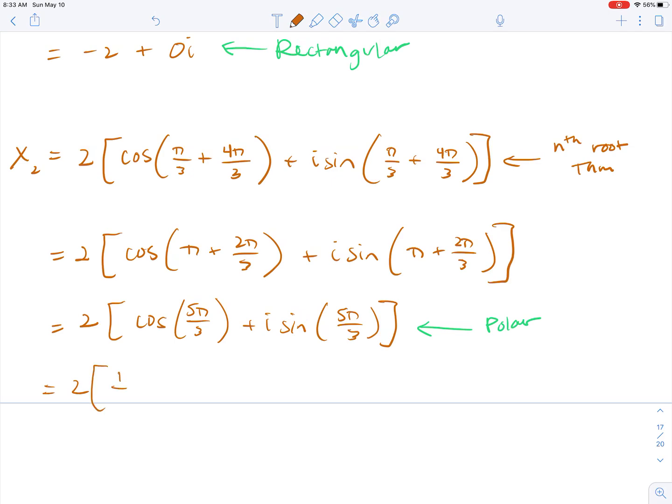And we can simplify. I'm going to give myself a little bit extra room by adding a page. Cosine of 5 pi over 3 is positive 1/2. Sine of 5 pi over 3 is negative root 3 over 2.